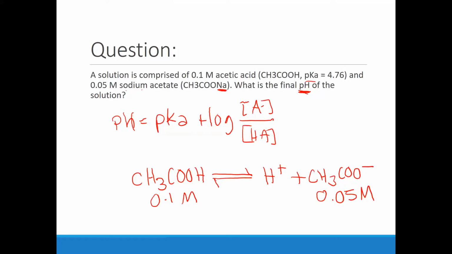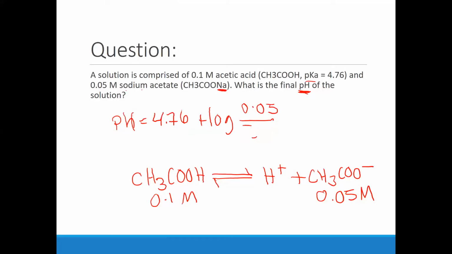Okay, so that means we do have everything here. We want to find pH. We know pKa and we know our concentration. Let's plug it in. Our pKa is 4.76. The concentration of our conjugate base is 0.05.